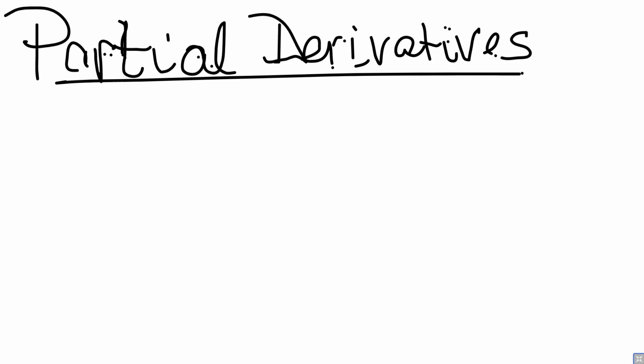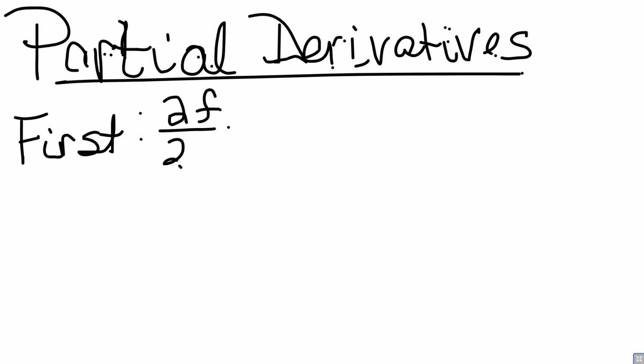Okay, so with partial derivatives, we have what we refer to as our first partials. When we do the partial derivatives, we're going to have the partial of the function in respect to whatever variable.